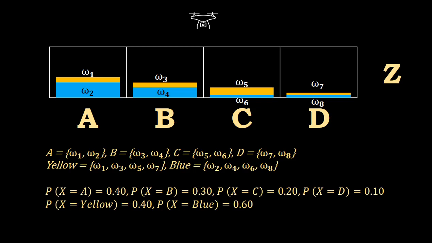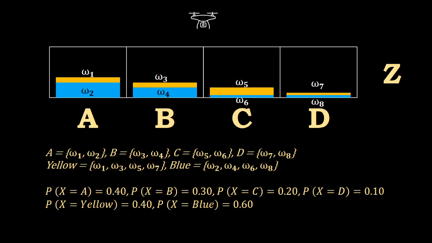The probability that x equals C is 0.2. And the probability that x equals D is 0.1. That follows our original example, in which we have 400,000 people in region A, 300,000 people in region B, 200,000 people in region C, and 100,000 people in region D.